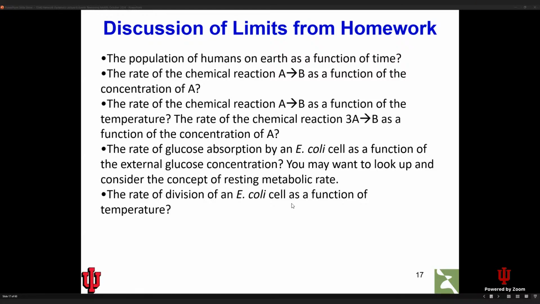The fourth one, which is the third one we just looked at, is the rate of chemical reaction of 3A goes to B as a function of the concentration of A. And in this case, again, we would write mass action. And so we'd write the rate is k times A cubed. And for small concentrations of A, that's reasonable.